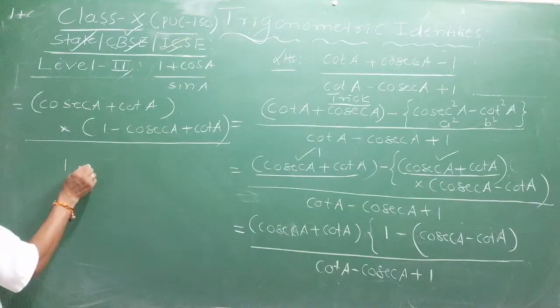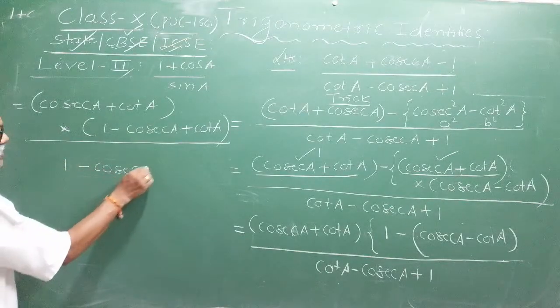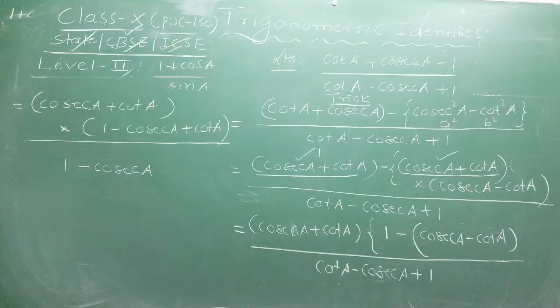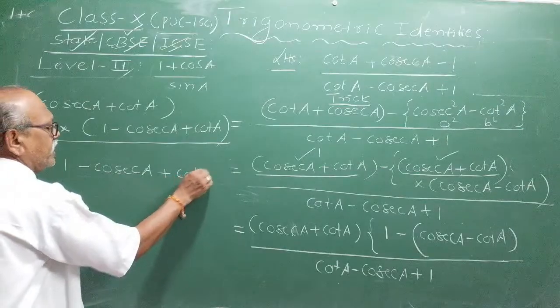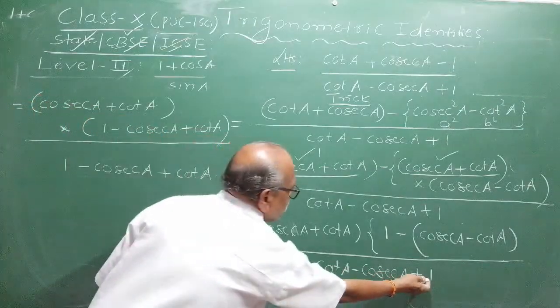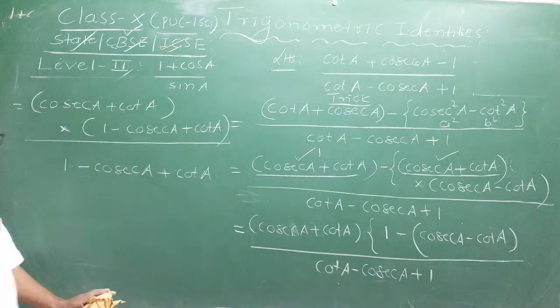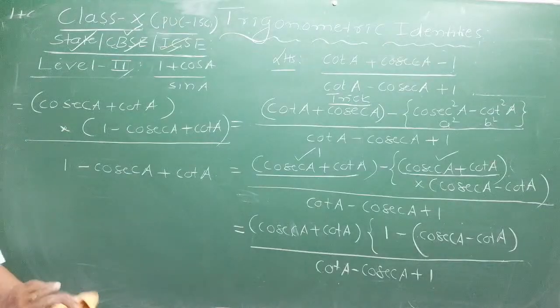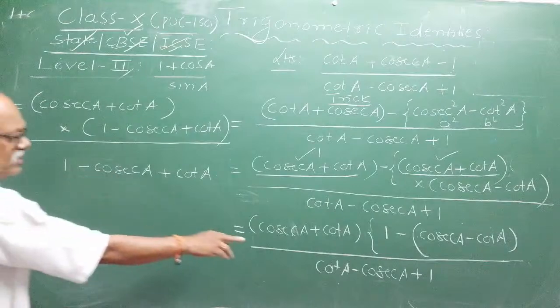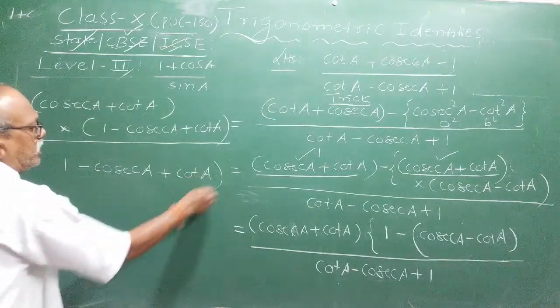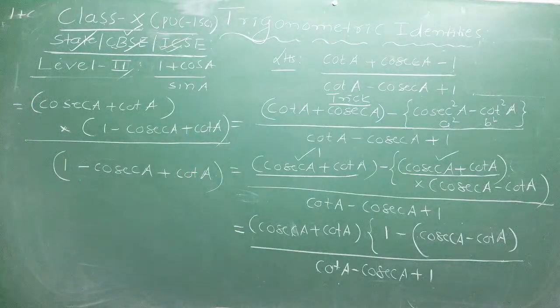Next, can I write minus cosec a in the denominator? Cosec a in the denominator I will write. Here I have plus cot a. This is called rearrangement. Plus 1 I am writing first. Is there any mistake? Commutative property. It is called regrouping. 1 first, then minus cosec a plus cot a. Now observe numerator and denominator. Is there any common factor?